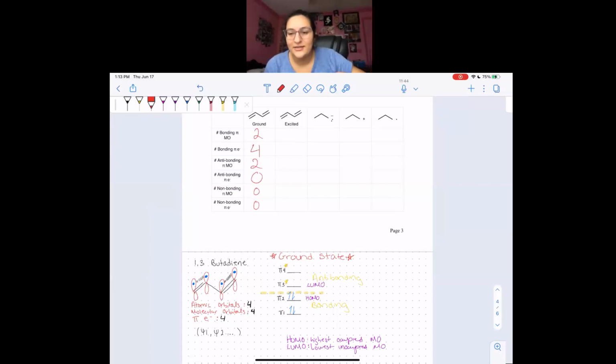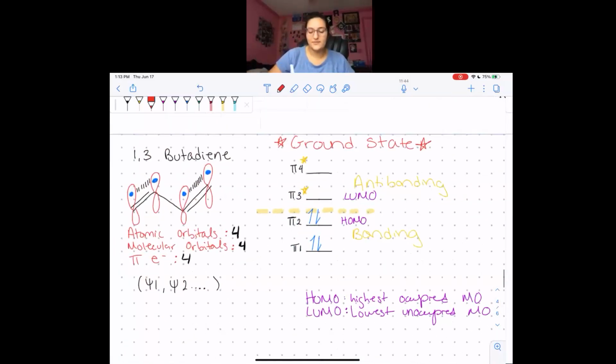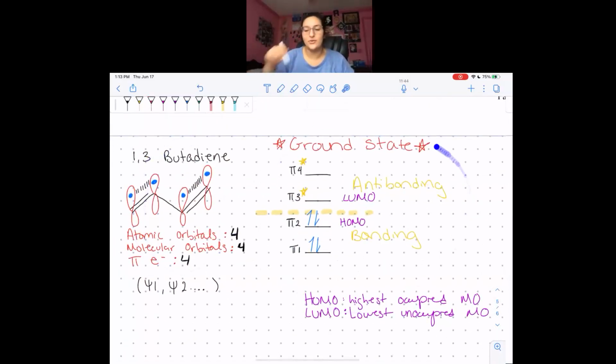And then, okay, so someone basically asked, how did what I drew on the left correlate to what I drew on the right? And basically, all right, so here we have our atomic orbitals, right? These are just the orbitals that we have in our actual molecule, right?